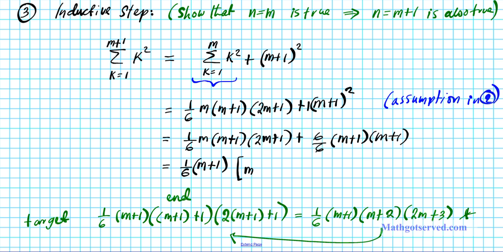I'm left with m times 2m plus 1 plus, now if I factor out 1/6 from 6 over 6, I'm just going to be left with 6, right? 6 times n plus 1, like that. If you want to check your work, you can distribute it back. You end up with that expression right there. Okay, so now that that has been factored out, we can now focus on simplifying this expression down here.